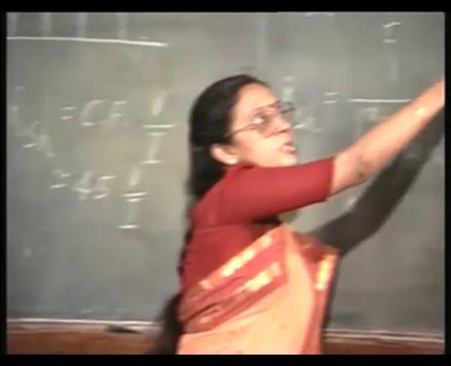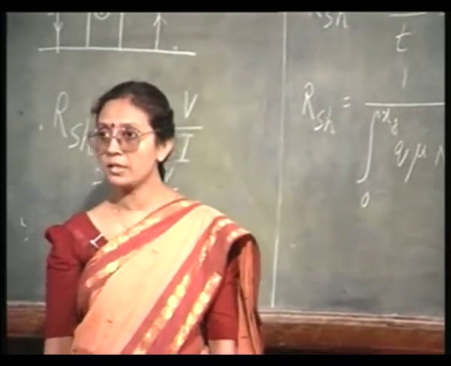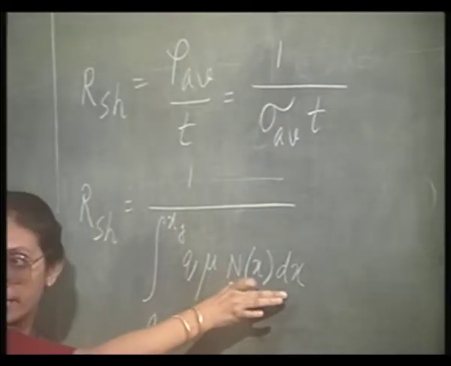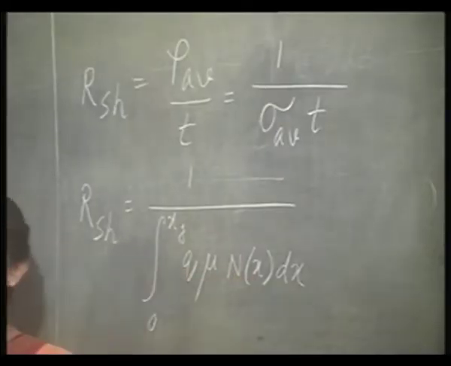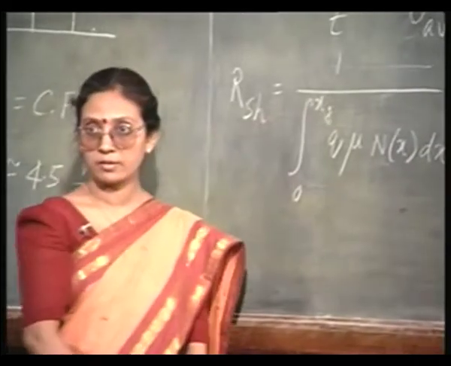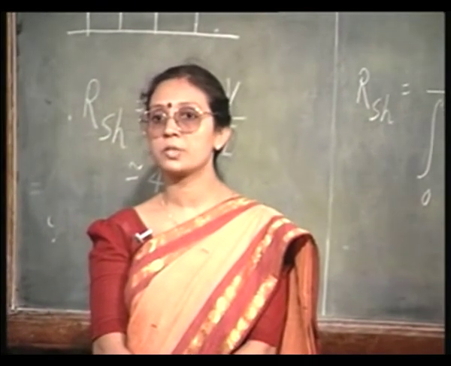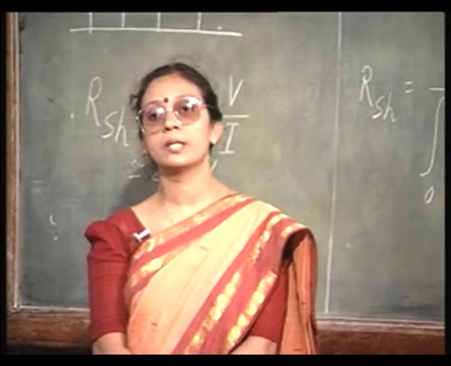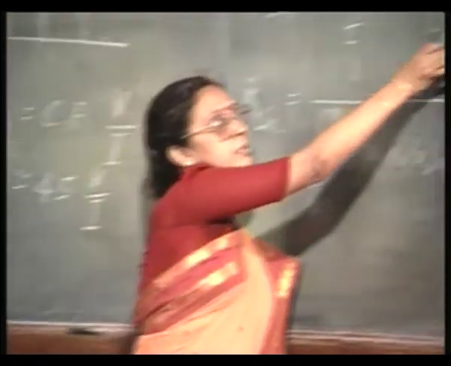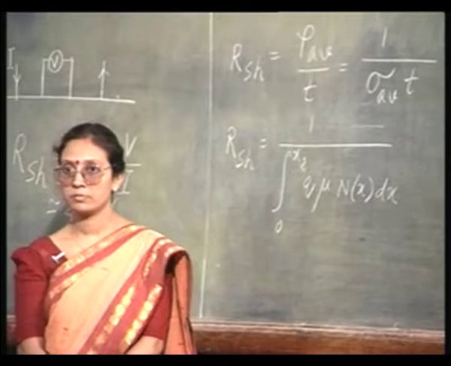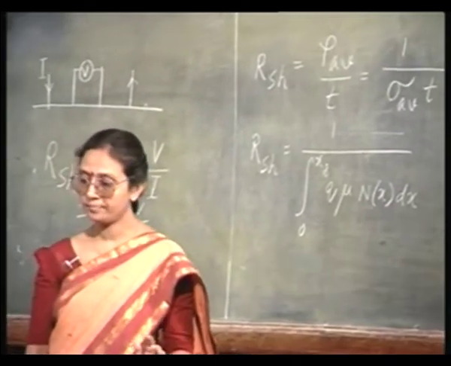What is sigma average into T? It is actually the integral of n dx and of course multiplied by q mu. You know q mu n is actually the conductivity. Okay. So, over the entire doped region from 0 to xj, that is the thickness of the doped layer. Over the entire doped region, if I integrate q mu n(x), then I get sigma average into T. Agreed?